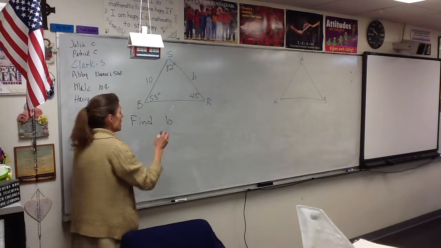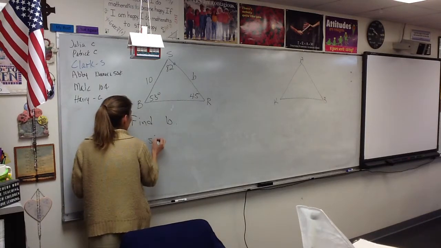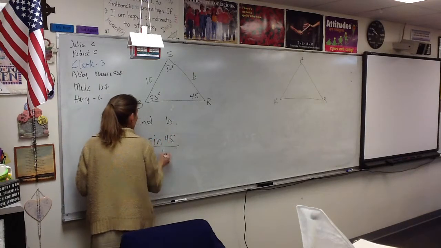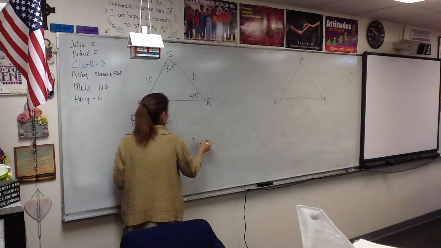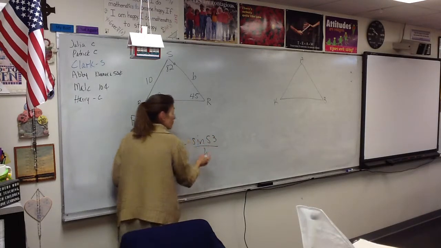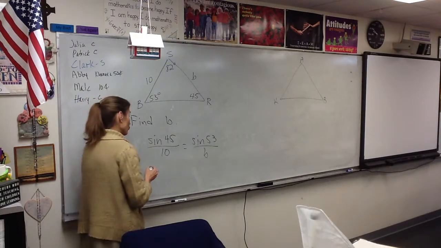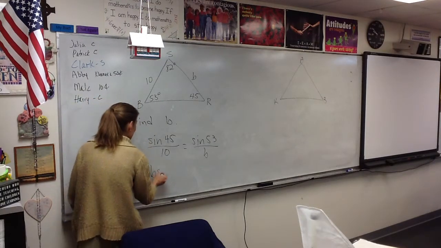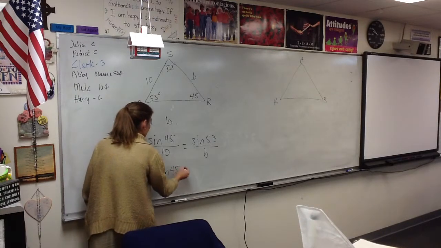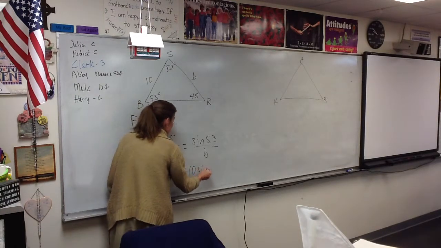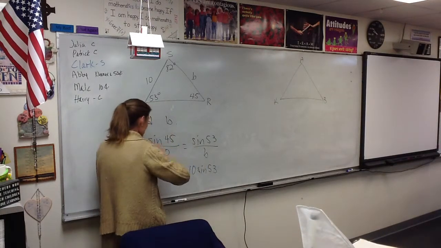So then I can say sine 45 over 10 equals sine 53 over b. I can cross multiply and divide.